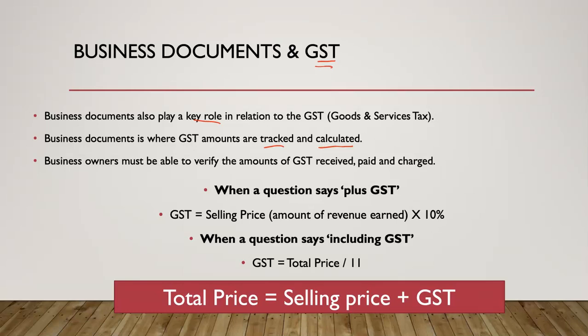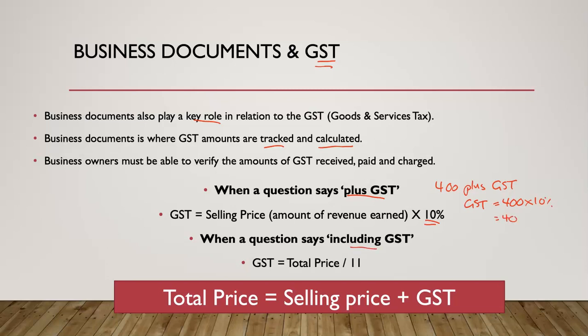And we know that if a question says plus GST, we are going to times the selling price by 10%. So if it says $400 plus GST, our GST equals $400 times 10%, which equals 40.